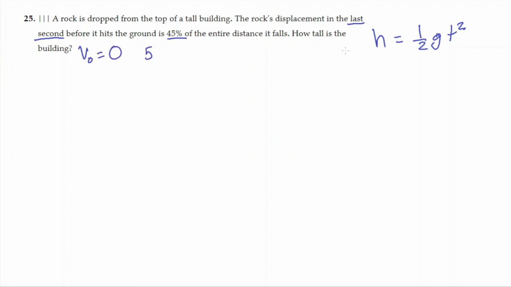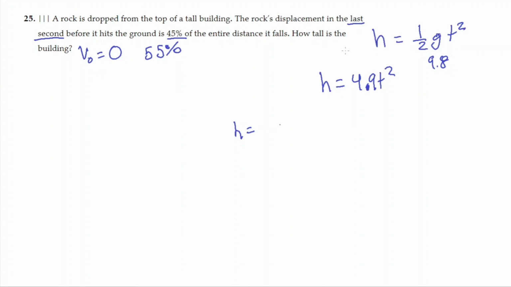So we can find the rock's first 55% of the entire fall, and then we can figure out the height of the building through that. So first, let's solve for h here and plug in the necessary variables. So h is equal to half times 9.8, which is 4.9 t squared. Now we're going to leave that like that.